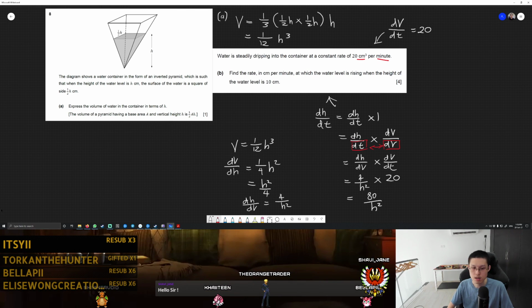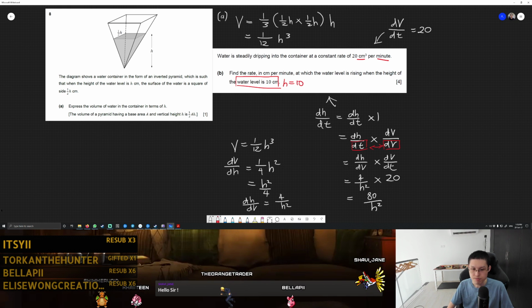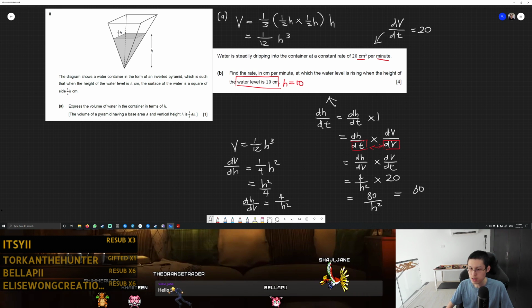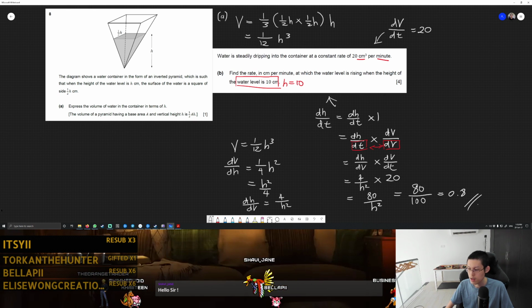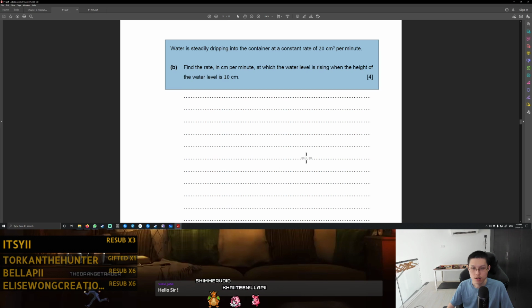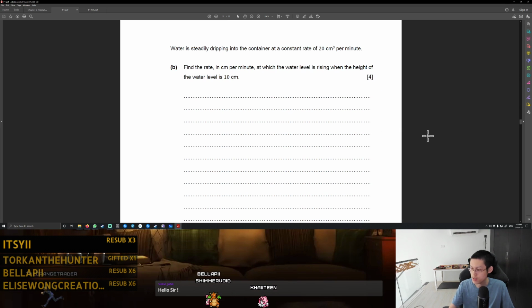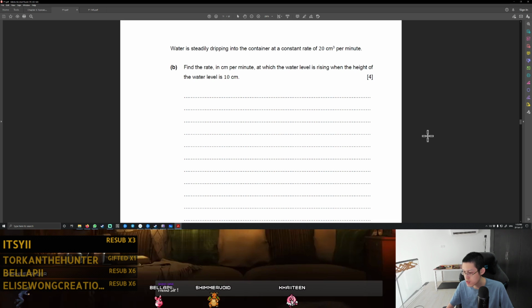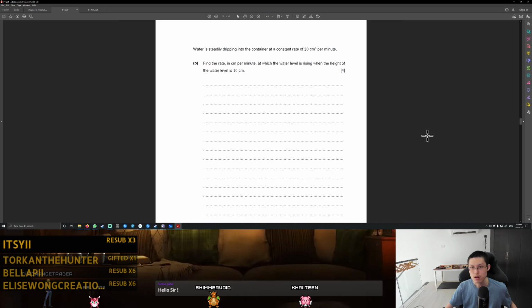They want you to find the rate when the water level is 10. Water level refers to the height. Therefore, you can just put this in as 80 over 100, and you get 0.8. And done. So that's how you do question 8. Let's move on to question 10. Okay, let's look at question 10.